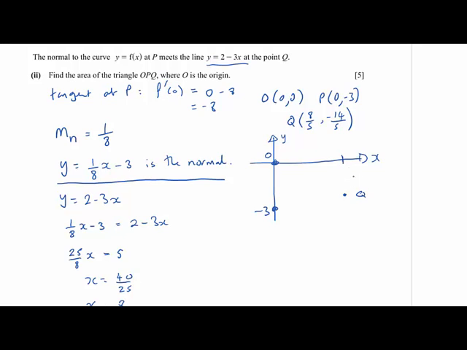And that distance there is 8 over 5. So the triangle's got a base of 3 and a height of 8 over 5. So the area is going to be a half times the base times the height, which gives us 12 over 5 square units.